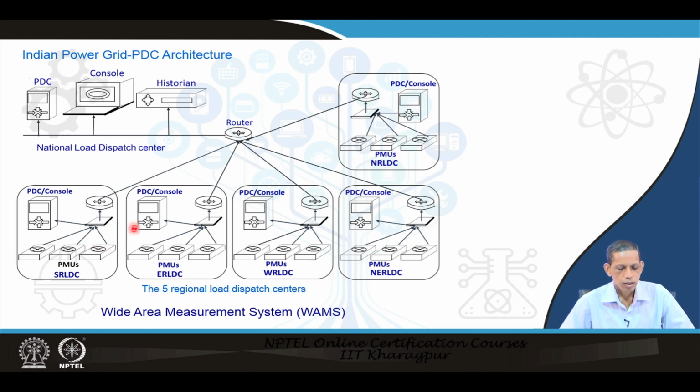These are connected to the National Load Dispatch Center at Delhi, where the corresponding PDC collates and integrates the data, aligned with the time information available for each phasor through the synchrophasor technology provided by the PMU. The history and consoles take this data for other applications.